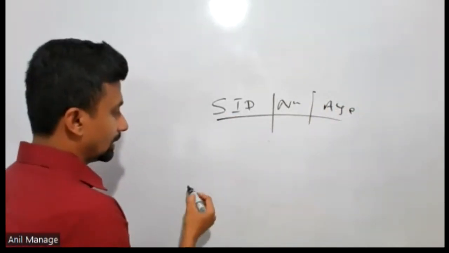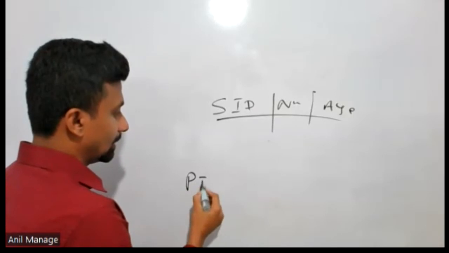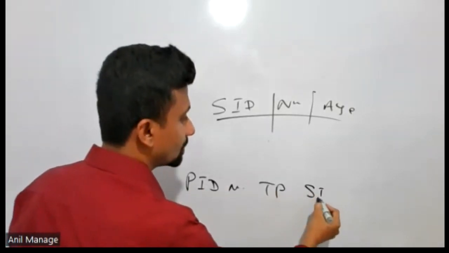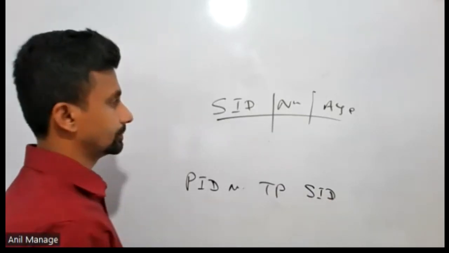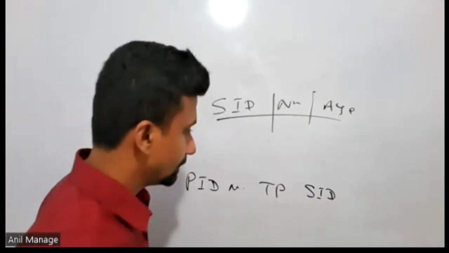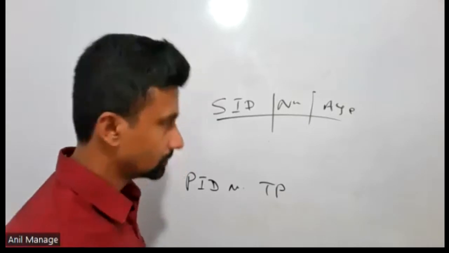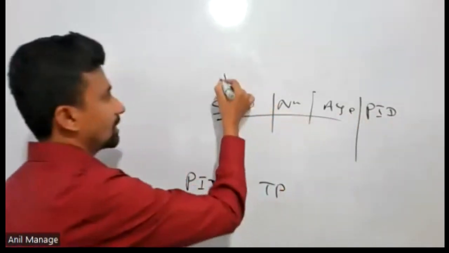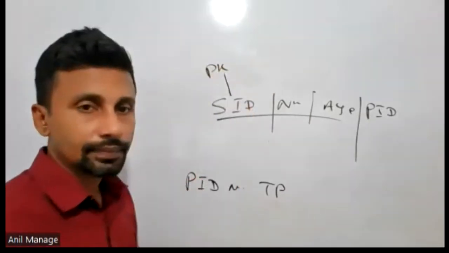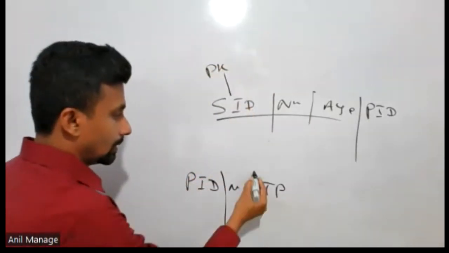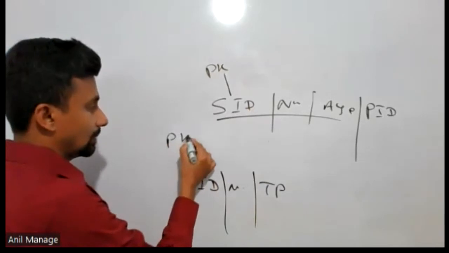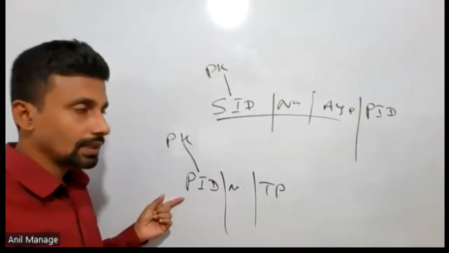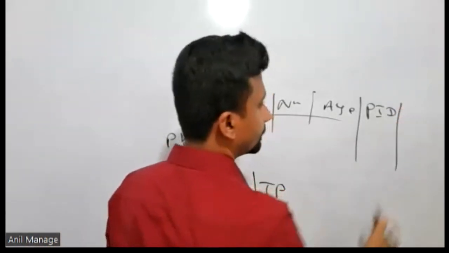Then you have another table, parent table: parent ID, name, telephone number, and SID I am using here. Or PID, I will take PID. Now this is our primary key in this table.